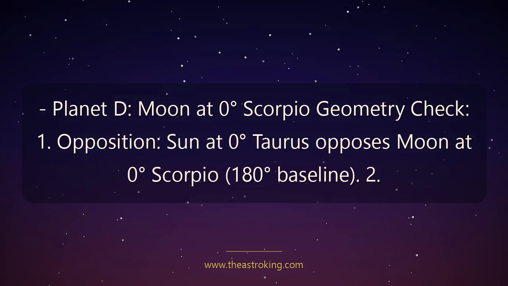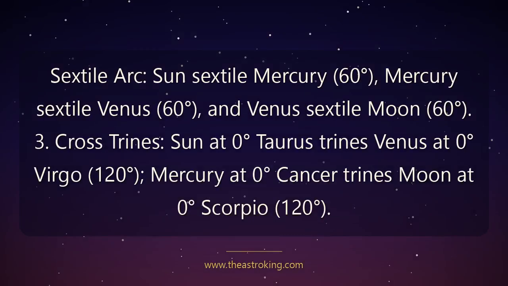Geometry check. 1. Opposition. Sun at 0 degrees Taurus opposes Moon at 0 degrees Scorpio, 180 degrees baseline. 2. Sextile arc. Sun sextile Mercury, 60 degrees. Mercury sextile Venus, 60 degrees.